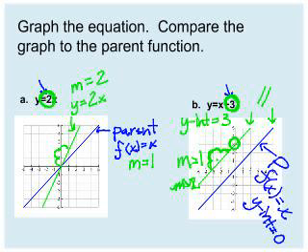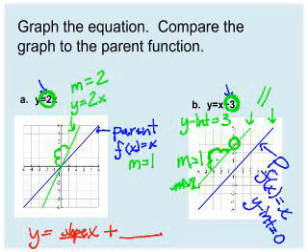So whatever number we add or subtract to the parent changes the y-intercept. In conclusion, if I multiply something times my x, this number will change the slope. And if I add or subtract a number out here, this is going to be the y-intercept.